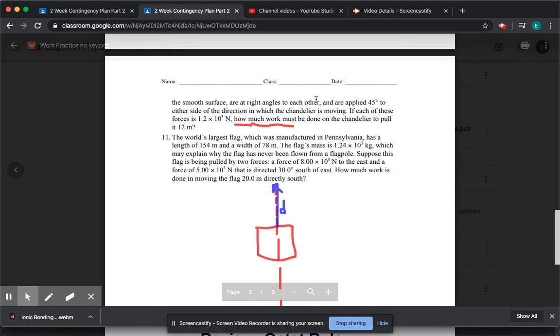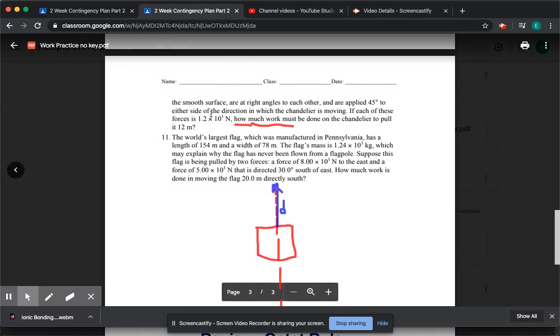The forces are at 90 degrees to each other, but 45 degrees to either side of the direction in which the chandelier is moving. So the chandelier is going this way. You have somebody pulling on this side, F, and you have somebody else pulling on this side.